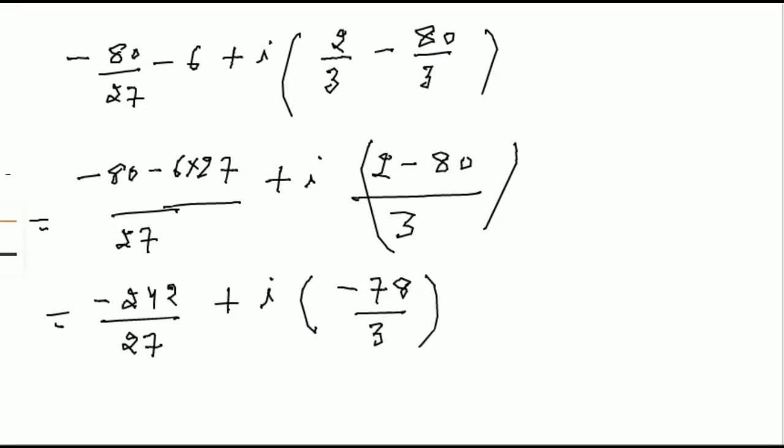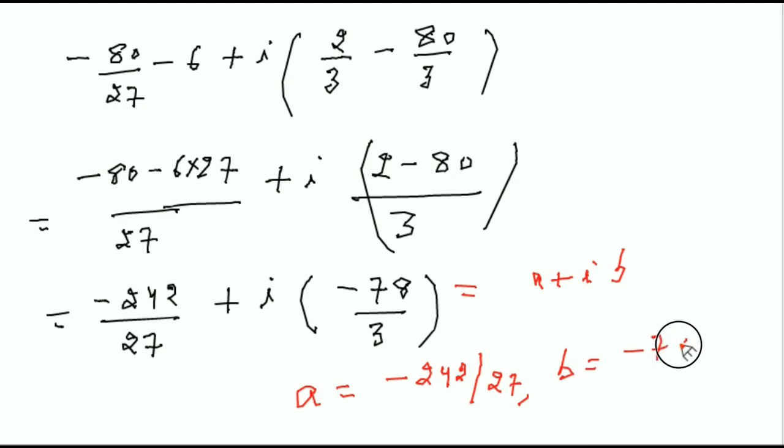So you can write this in the form a plus iota b, where a equals minus 242 by 27 and b equals minus 78 by 3.